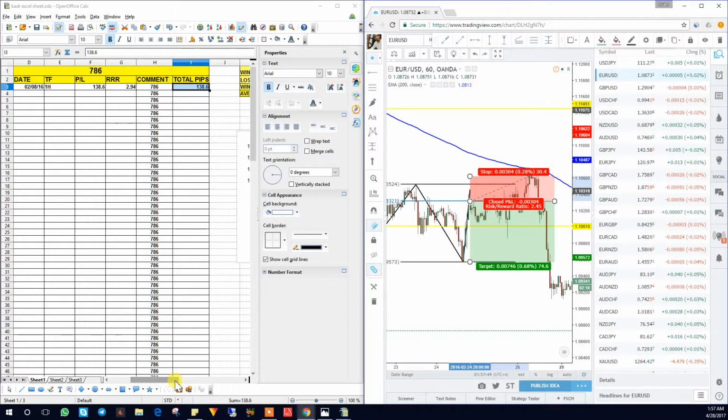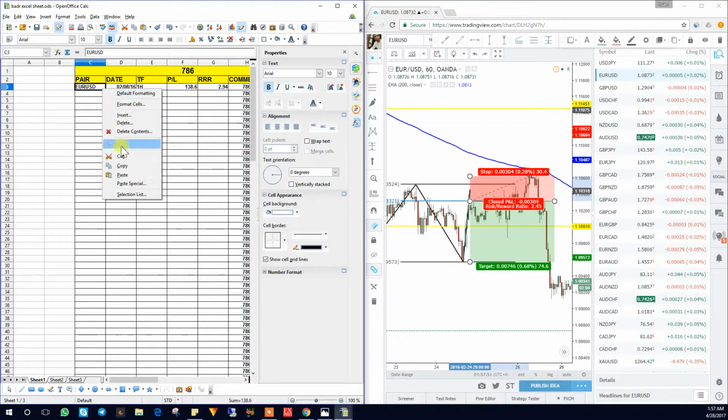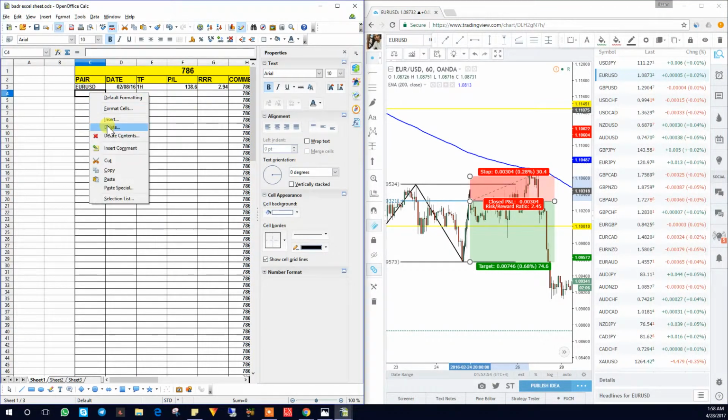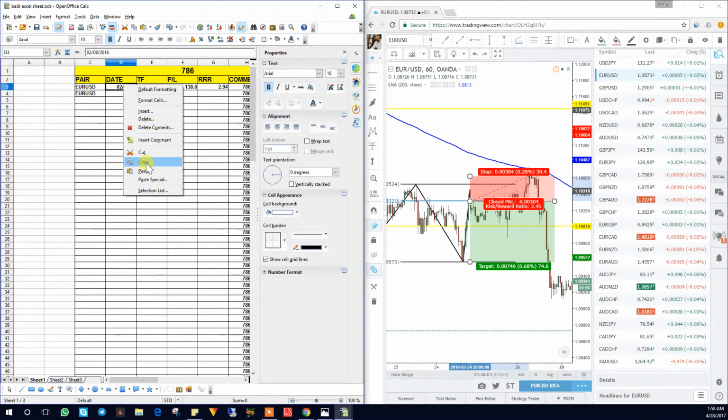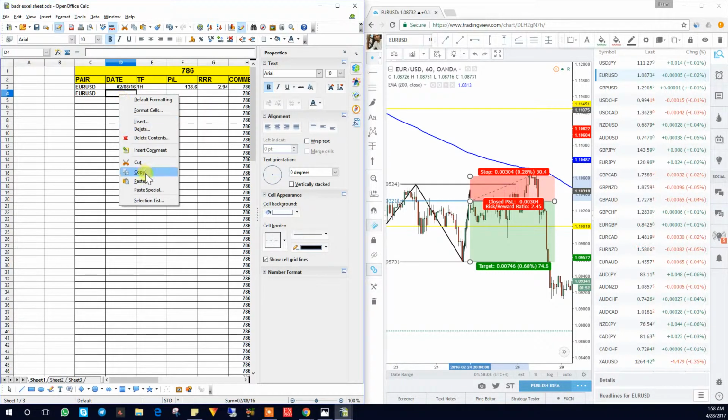I'm gonna insert the same info. Since we have the same thing, you can just scroll down here, and we have a different date, of course, 24 instead of 8. Copy and paste, and I will change this to 24.